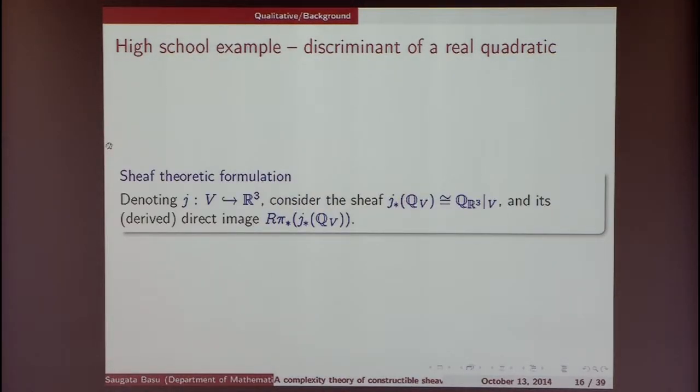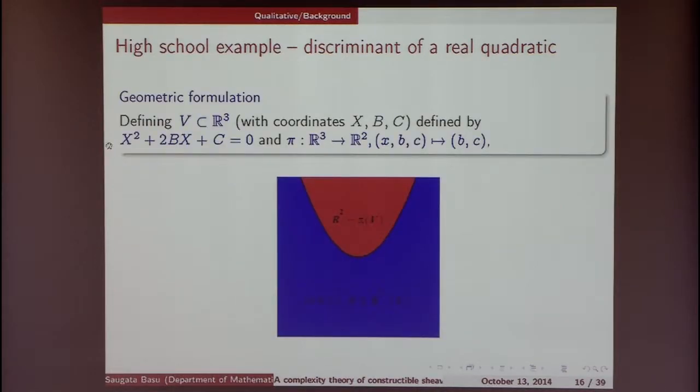Now, this is the sheaf-theoretic version. You consider the constant sheaf upstairs. You take the constant sheaf on R3, but we really want the constant sheaf on V. So you can think of restricting this constant sheaf to V, or more accurately, you just push forward the constant sheaf. Which one was V, the open or the closed? No, V is upstairs.